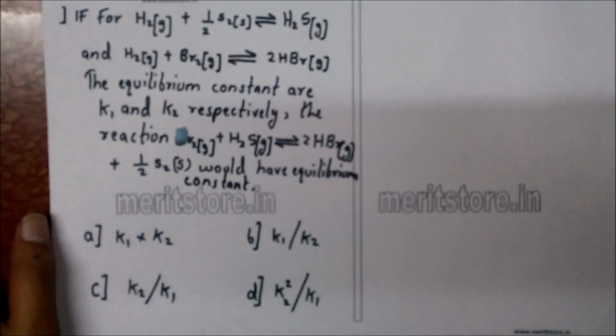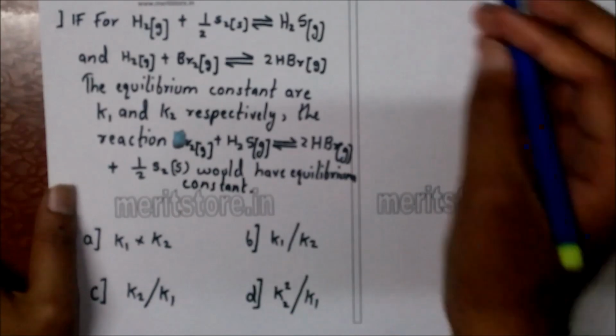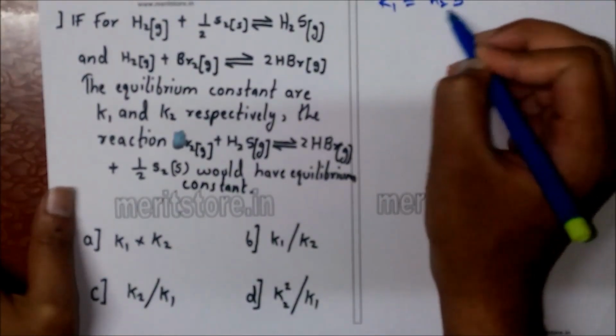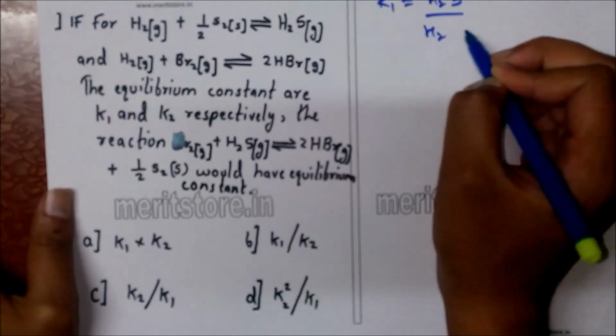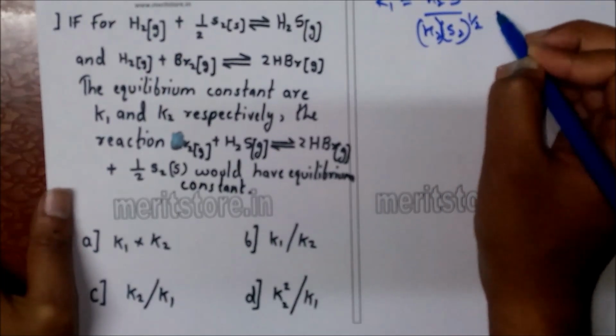If for H2 gas plus half S2 will give H2S, and H2 plus Br2 will give 2HBr, the equilibrium constants are K1 and K2. The reaction for Br2 plus H2S will give 2HBr plus half S2, what would the equilibrium constant be? So K1 is equal to [H2S] upon [H2] into [S2] raised to half.